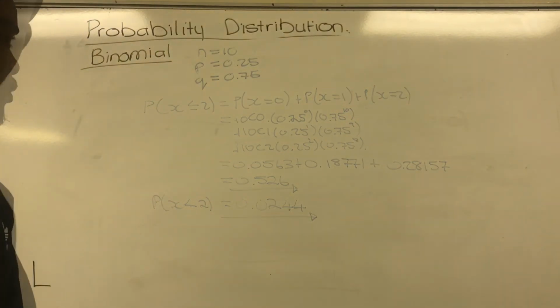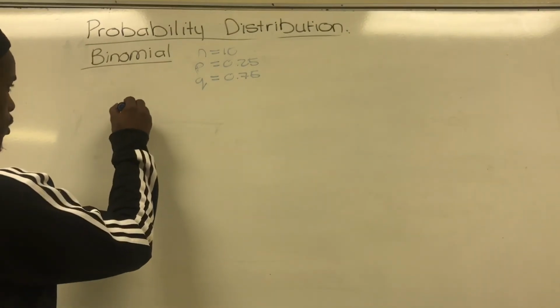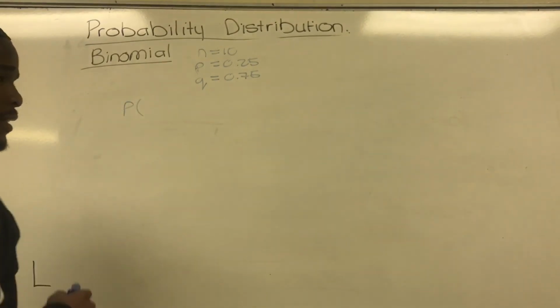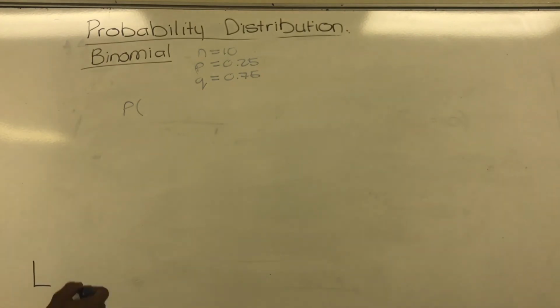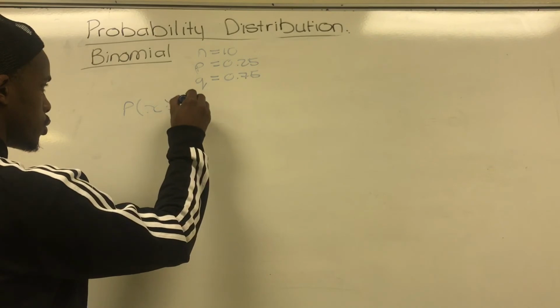Now, probably our most failed example is where they say at least, and they give you a very low number. In other words, x should be greater than or equal to 2.